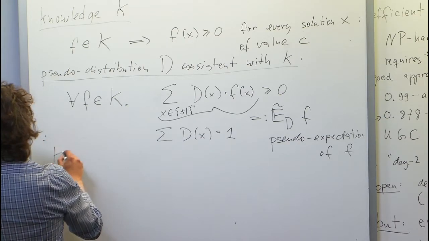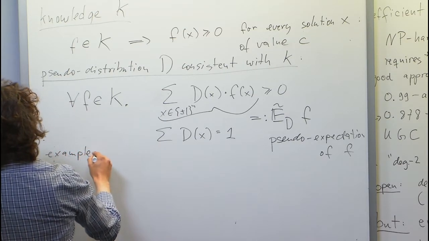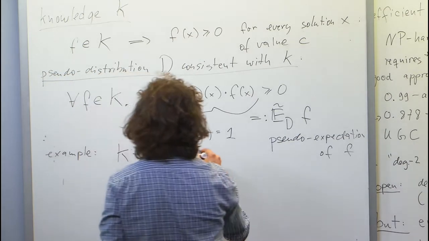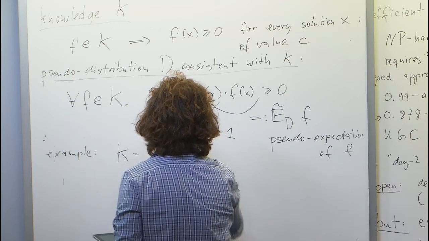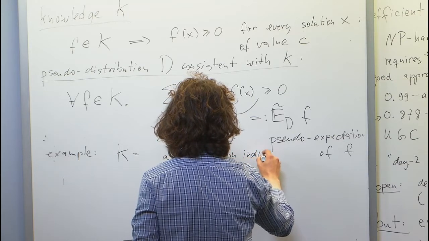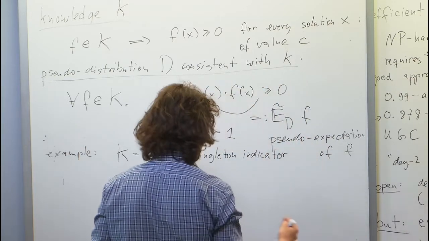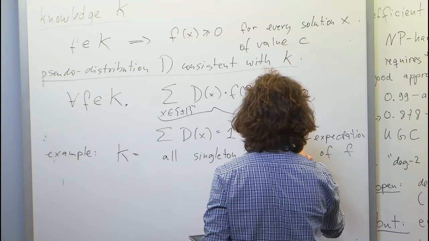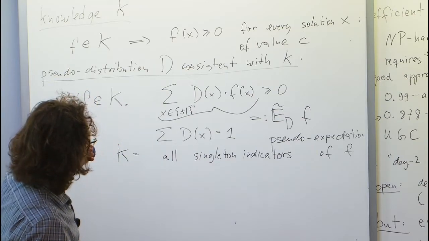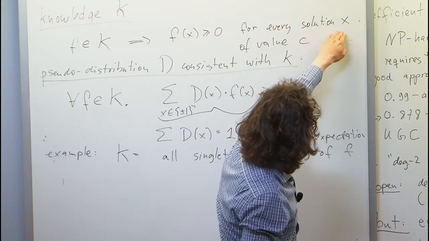So, for example, if we choose our knowledge to be the set of singleton indicators. For every point x, we have a function in k which is 1 exactly at this point x and 0 everywhere else. Let's say it is 1 for every solution x that has value c.